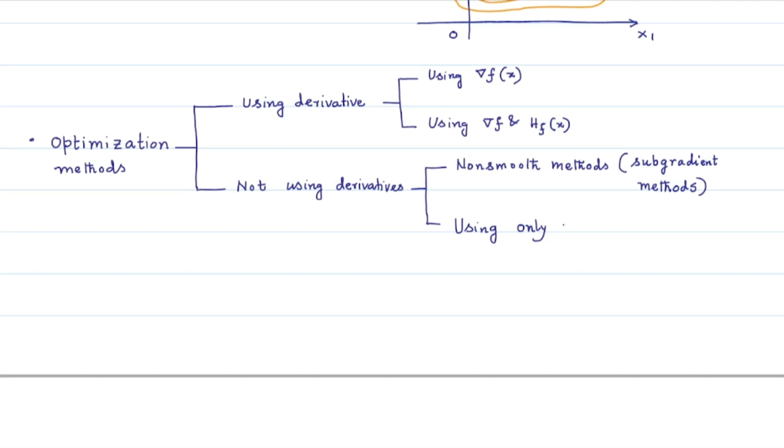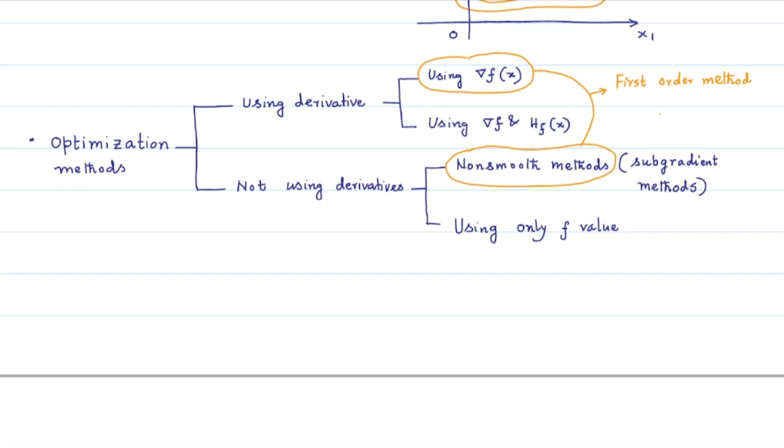That is, in these kinds of methods, using only the function values, no derivative information or subgradient information of the function is used. The methods which use the subgradient or the gradient of the function, that means the non-smooth methods and the methods using the gradient, are called first order methods because they use the first order partial derivatives or first order subgradient of the function.